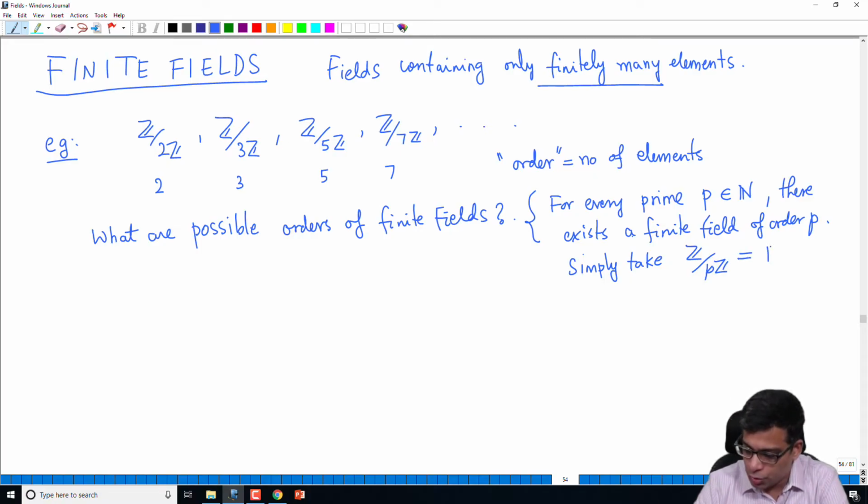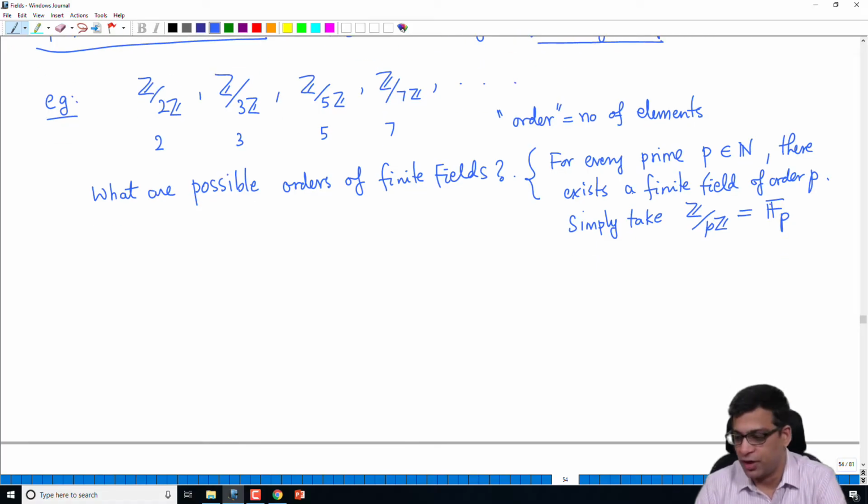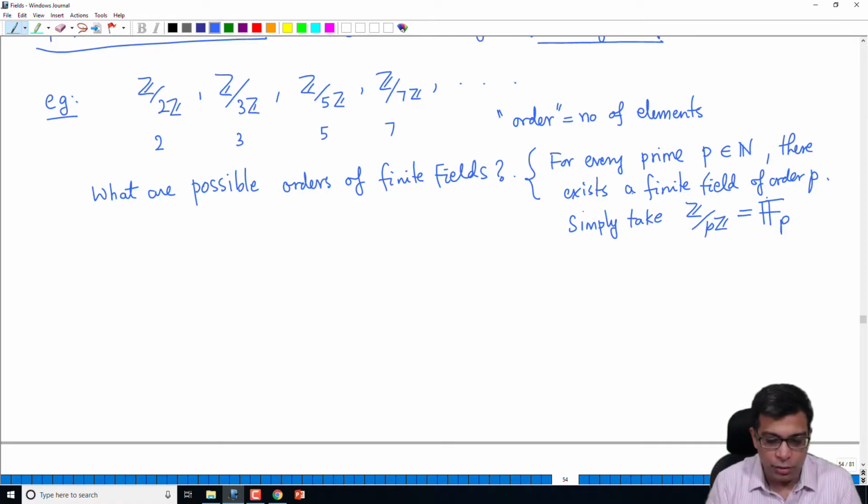So because of that, we usually denote this by F_P, F written in this bold fashion. So F_P stands for the finite field of order P. So certainly for every prime we have that.